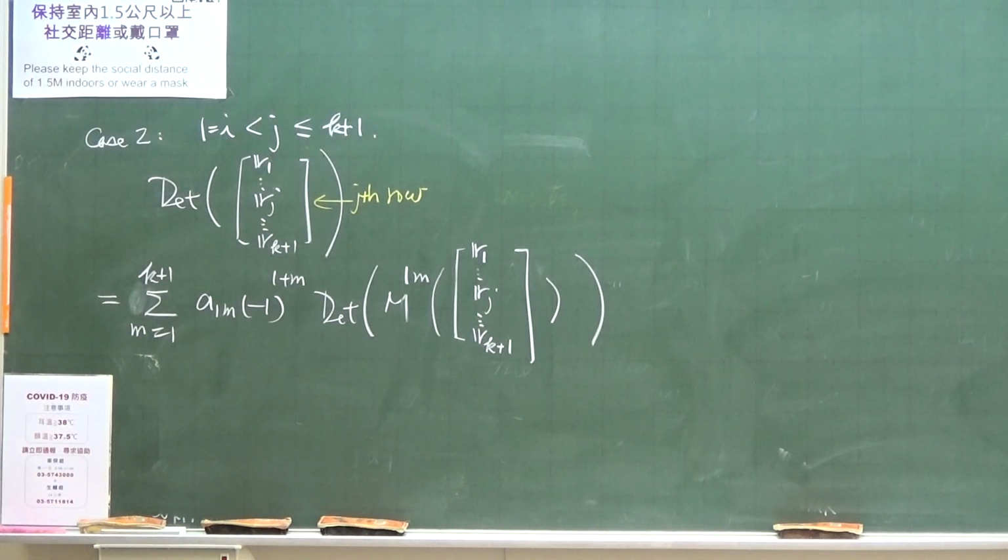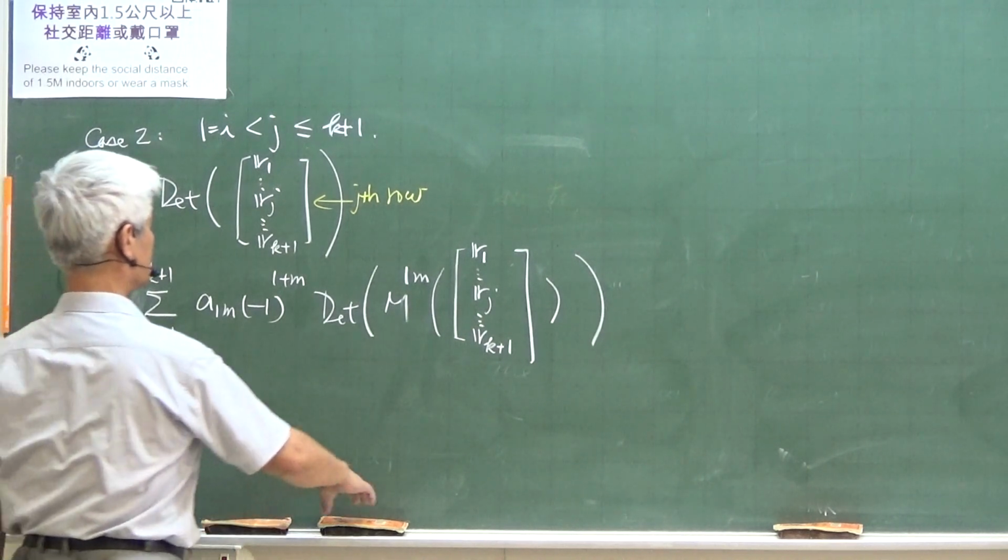So if we exchange Rj with R1, and then after that we take the minor, what we will do is, by the linearity, all right?